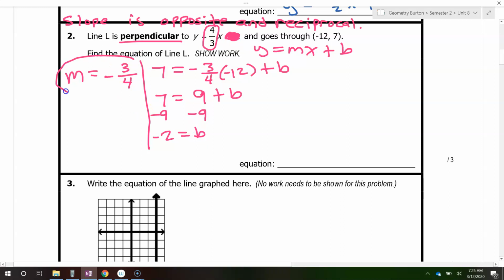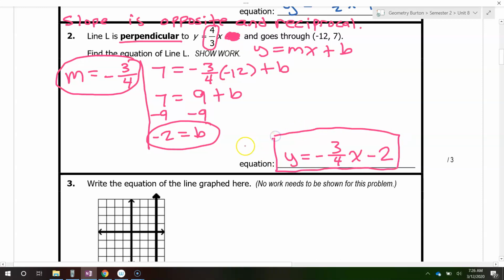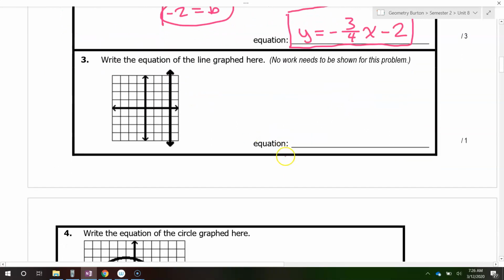So now we have the slope and the y-intercept, so we can go ahead and write the equation y equals 3/4 x minus 2. I guess I don't need to put a box around it because it's already on the line. I got carried away.